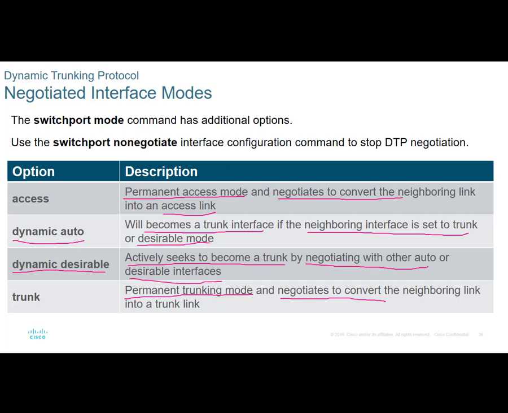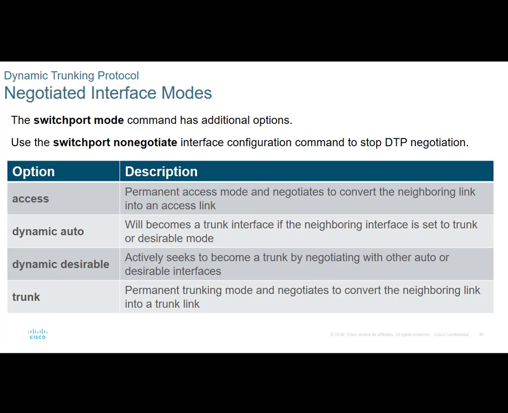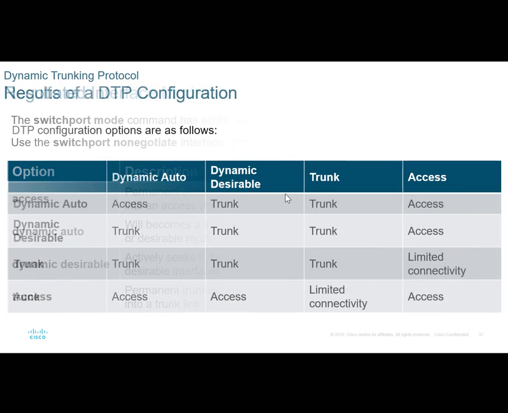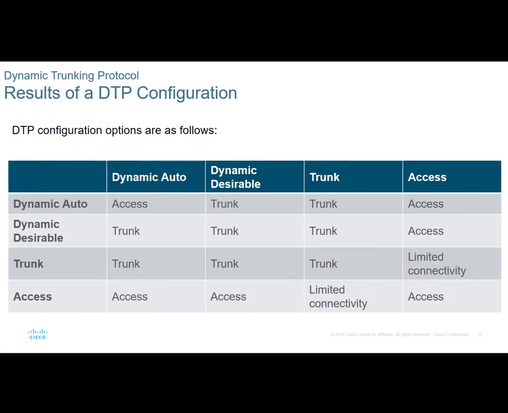So when you look at the next slide, you will notice trunk interfaces are point to point. If you compare both ends, if both are dynamic auto, it will become an access link.